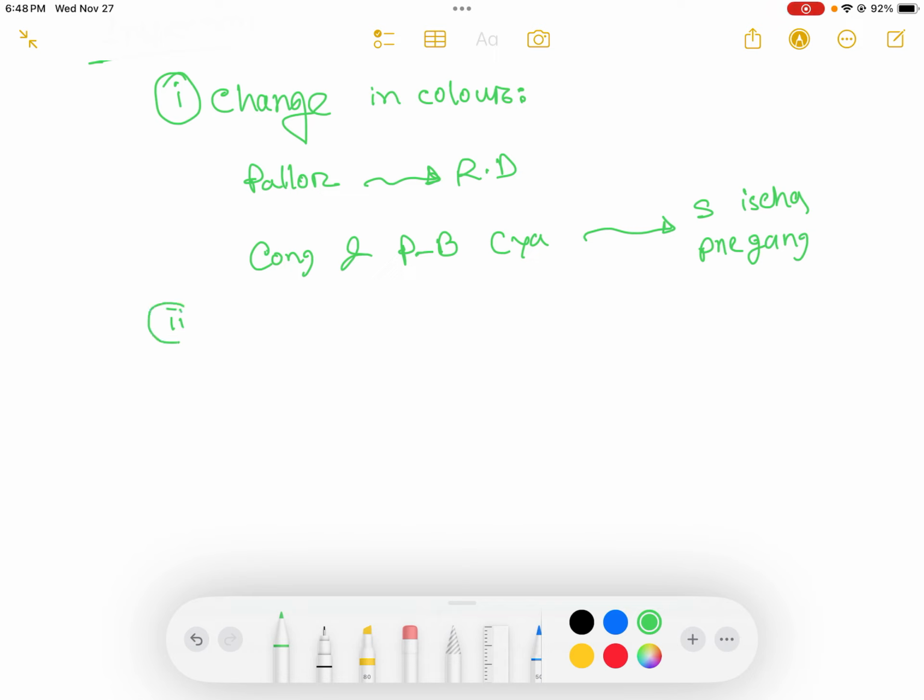Number 2, signs of ischemia. While examining a case of arterial insufficiency, one must know the signs of ischemia.